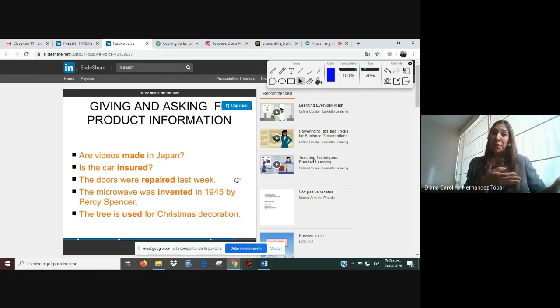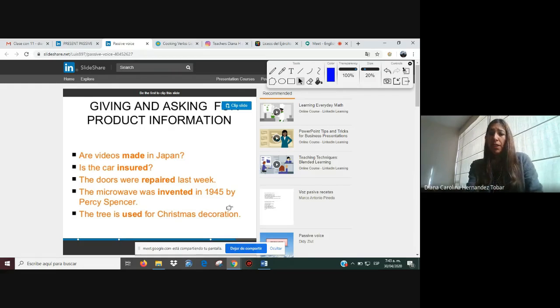Of course, we are missing the verb to be, but basically we referred to that kind of structure. So we can say this t-shirt was made in China. We have more examples, like the microwave was invented in 1945 by Spencer, right? So when we talk about products, we can also use this structure, passive voice.